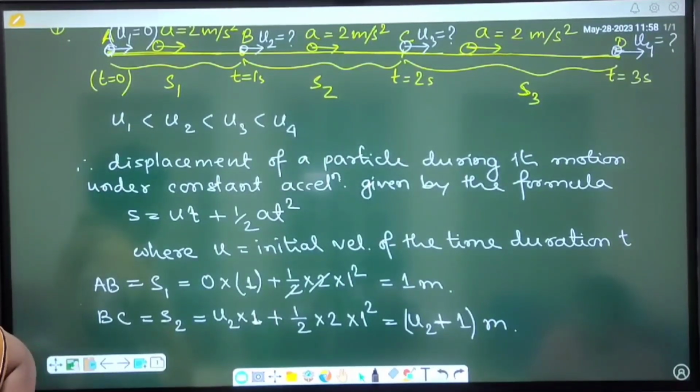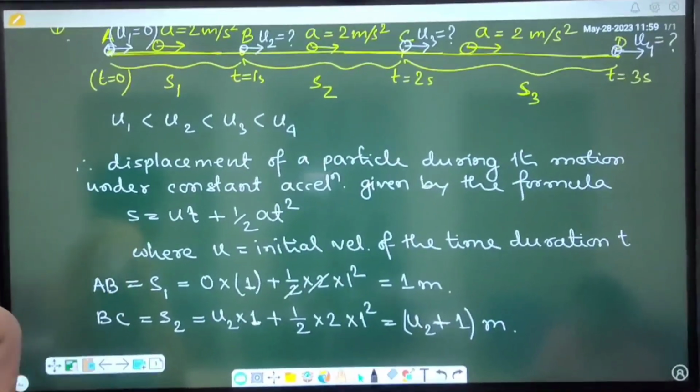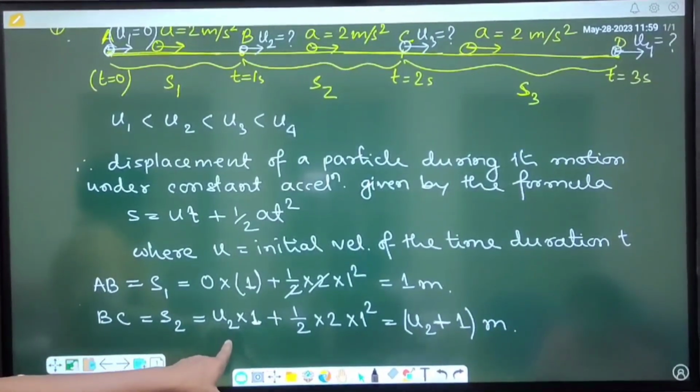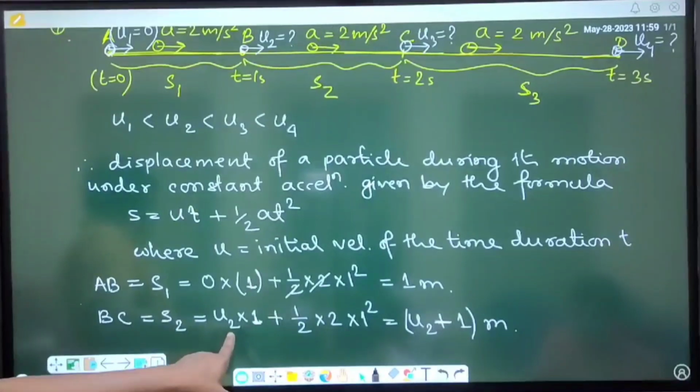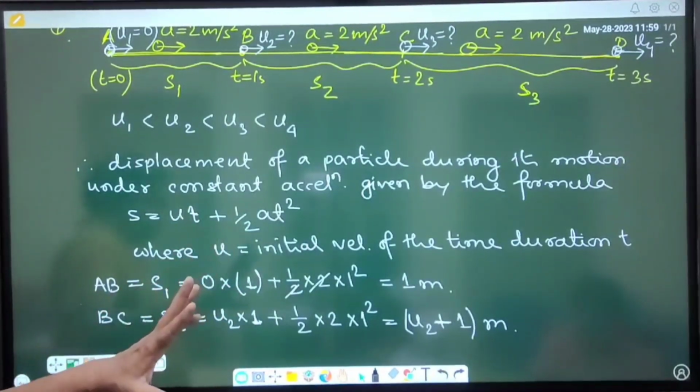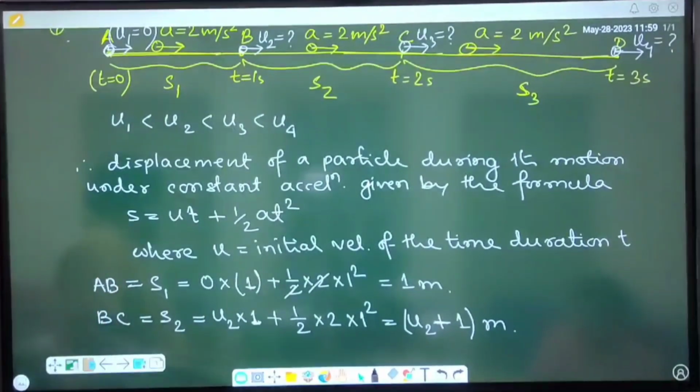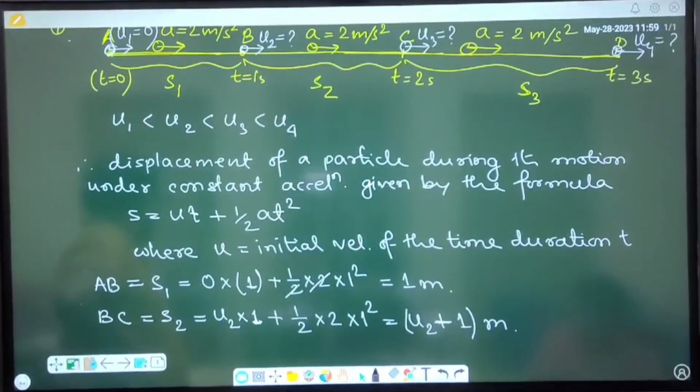Do you have any idea how to find the velocity of the particle at B, that is the value of U2? I am asking because, to calculate S2, we are bound to use the velocity at B, which I have assumed as U2. But we do not know the value of U2 from the given information in the question. So my question is, do we have any other way to know the value of U2?